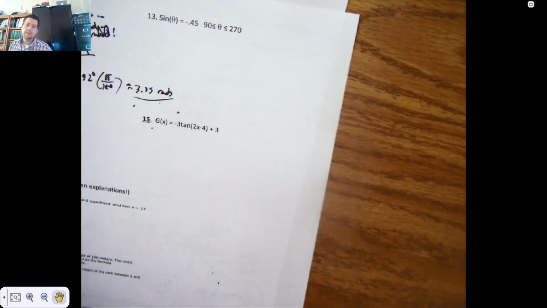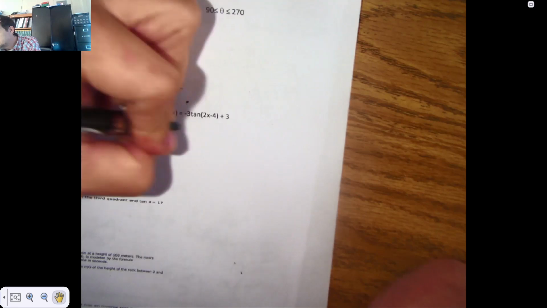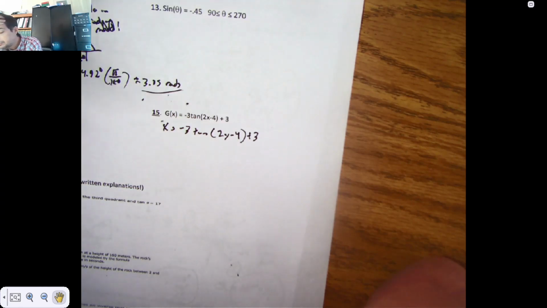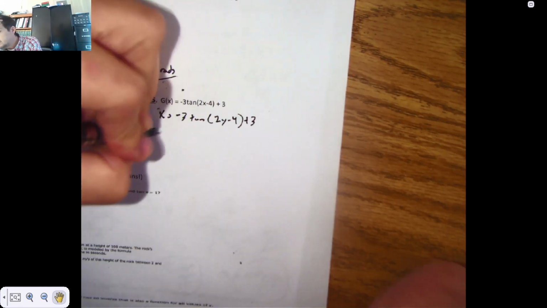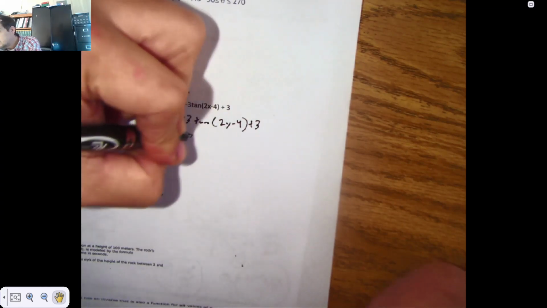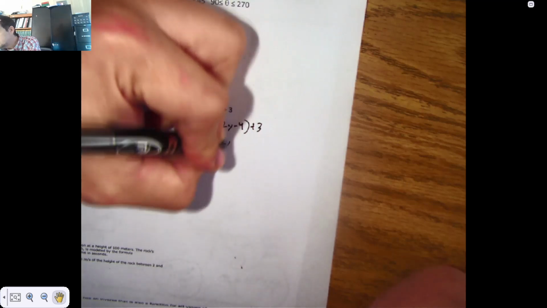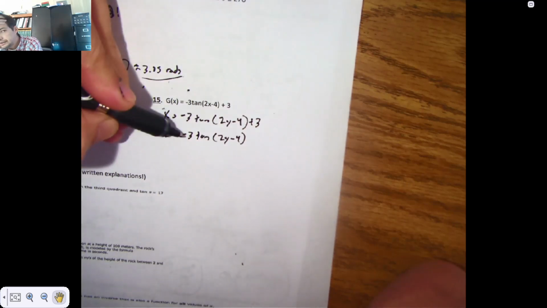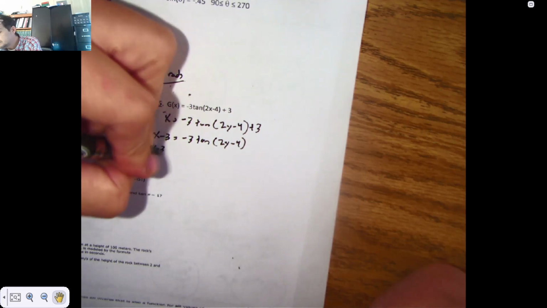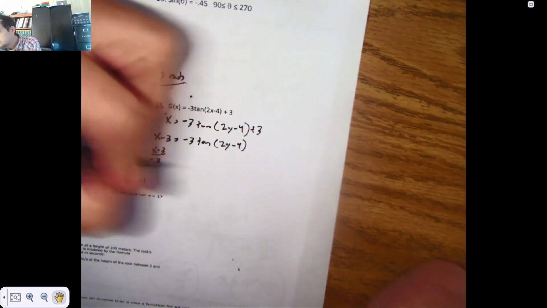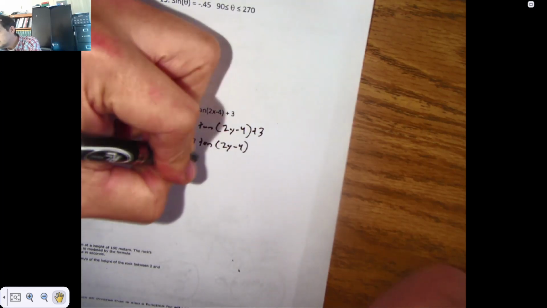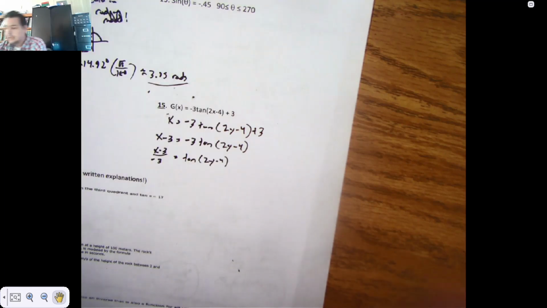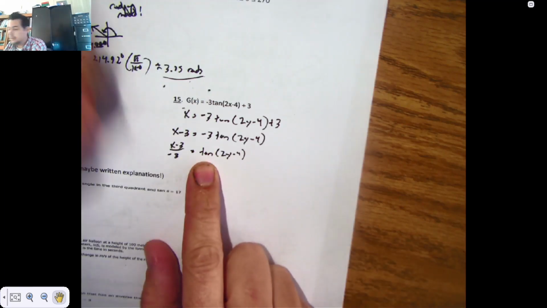15 is a write the inverse function. First, I'm going to swap x and y. And then I'm going to resolve for y. So I'm going to take away 3. I'm going to divide that negative 3 out. I'm going to counteract tangent with arctangent.